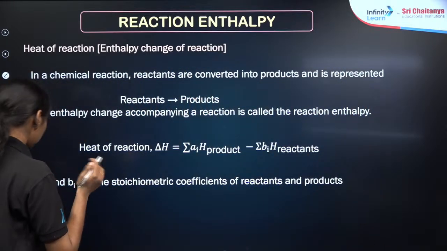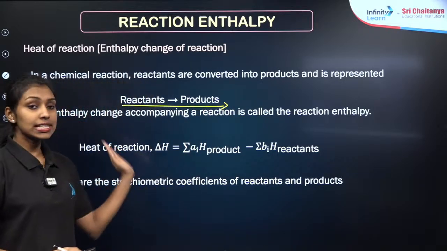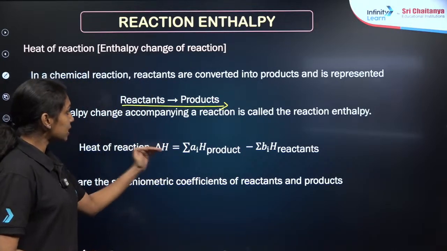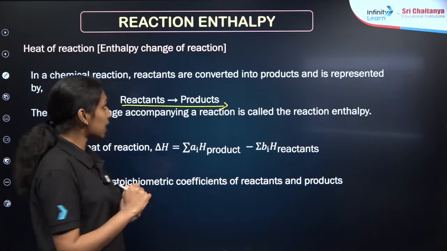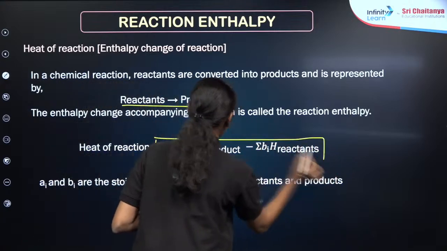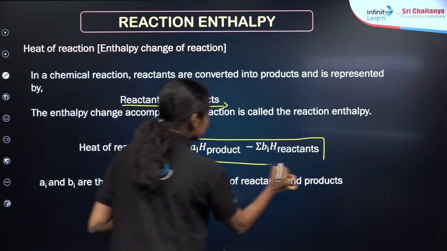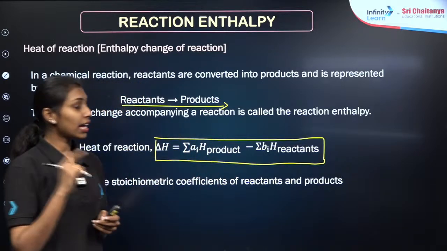So we can predict as, for example, if I am taking a chemical reaction here, which means that reactants are converted into products. For this particular reaction, we can find out the enthalpy change as reaction enthalpy, and it is given as delta H is equal to sigma, sigma means summation, a_i H products minus sigma b_i H reactants.